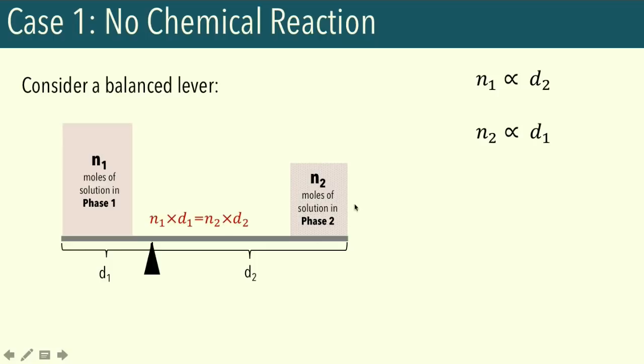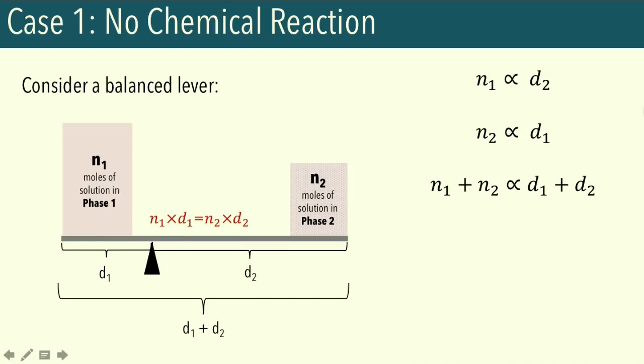The smaller weight will be directly proportional to the smaller distance, which is the opposite side. Taken all together, the sum of the amount of matter, N1 plus N2, will be proportional to the sum of the distances on the lever. So overall, N1 plus N2 is directly proportional to D1 plus D2.